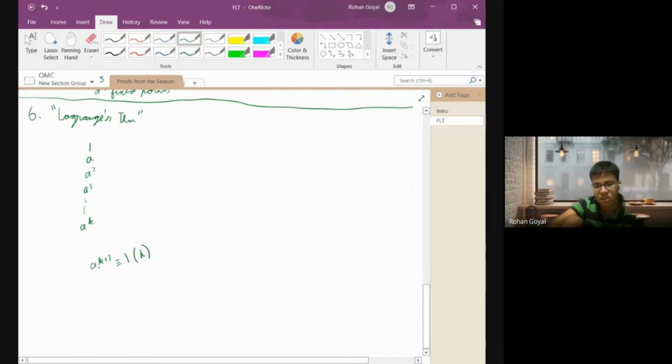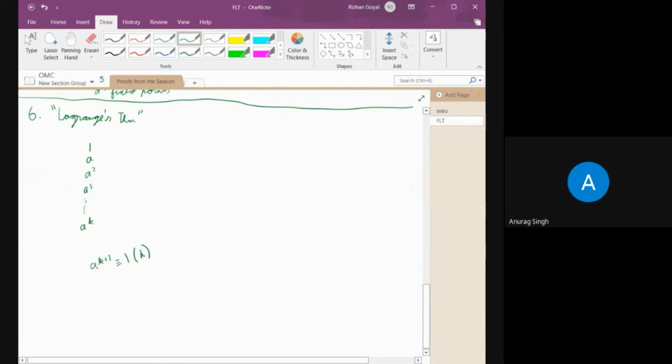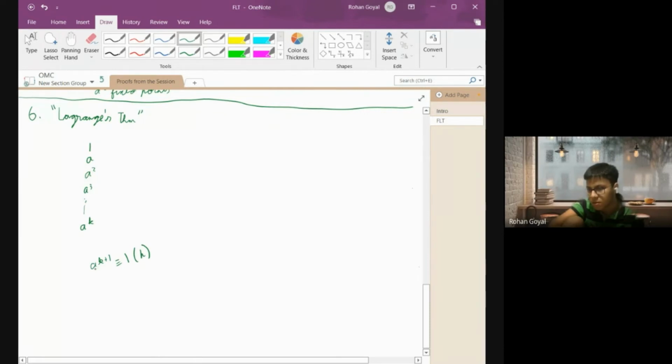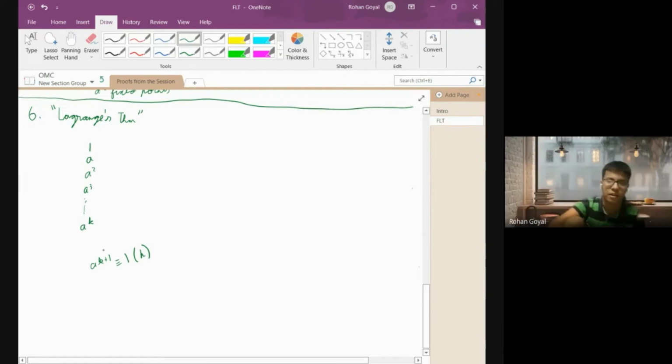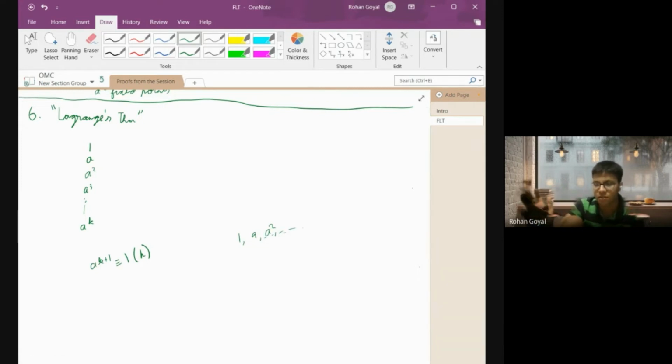Do you see why such a k would exist? We can easily prove it by pigeonhole. Yeah, perfect. You can argue by pigeonhole. You can just consider this infinite set, a, a squared, and all the powers. Since there are only p minus 1 possibilities of remainders, at some point it must repeat.